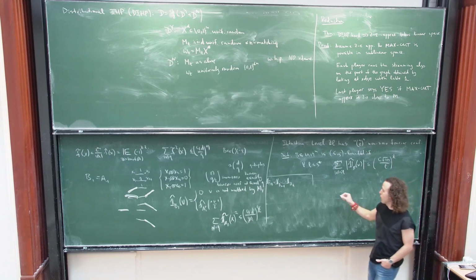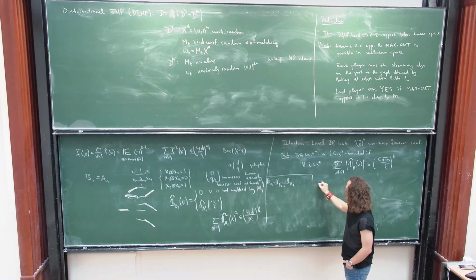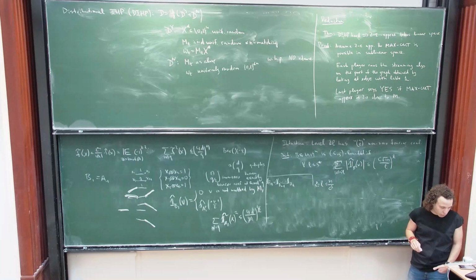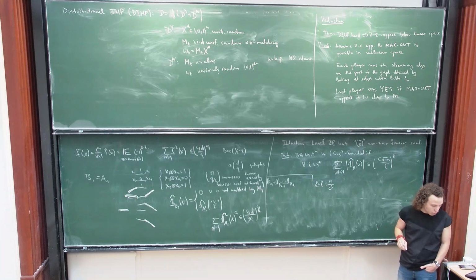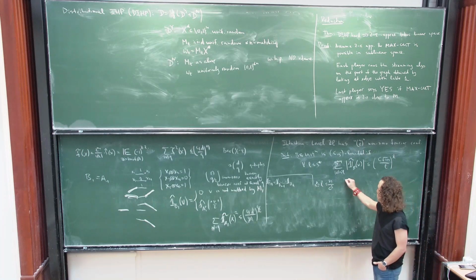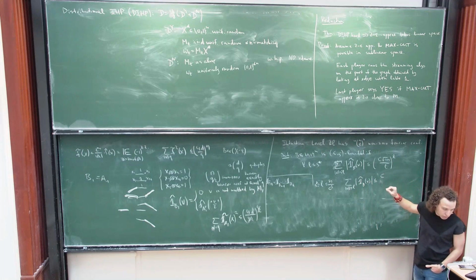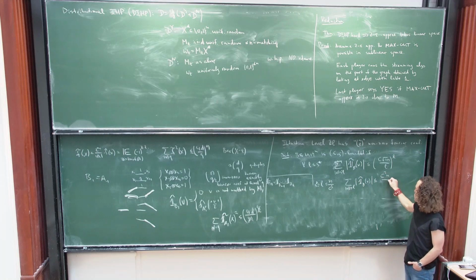So the bound you write there is that for L smaller than something which is much smaller than n, you have, is it C squared times 1?